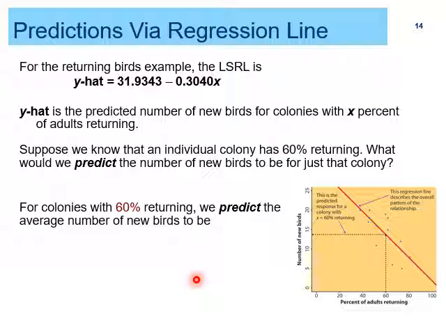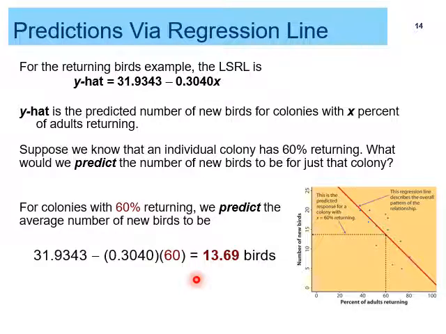For colonies with 60% returning, we predict the average number of new birds to be 13.69. Earlier we were using the scatter plot and seeing these values, and we were getting almost 14 at this point. And now by this formula we are also getting the exact value, that is 13.69.